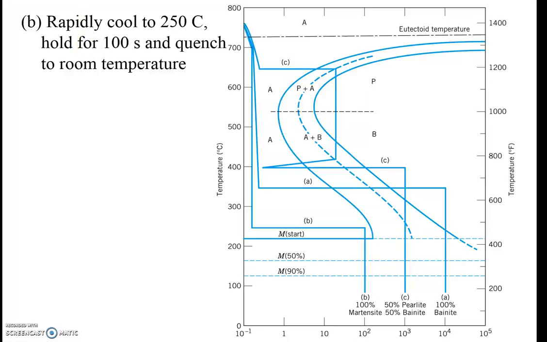If I rapidly cool to 250 degrees and hold for 100 seconds and quench to room temperature, so let's see, I rapidly cool to 250, that's about here, and I hold for 100 seconds. Well, I haven't really gotten to the beginning of my change here, so I'm still austenite. So if I go down, I rapidly quench now, my austenite becomes 100% martensite.